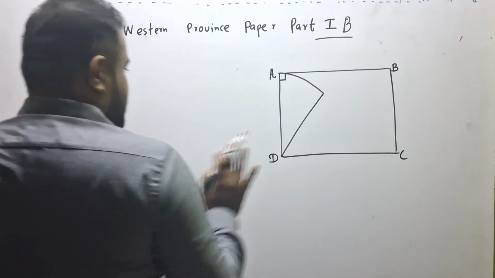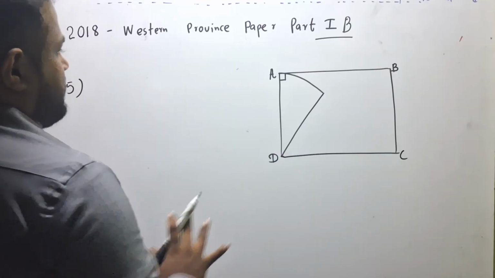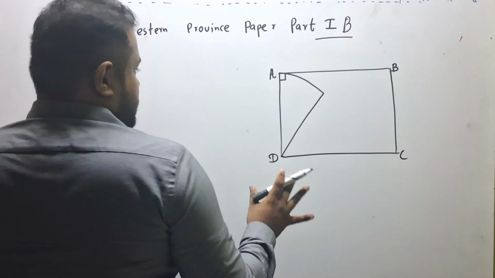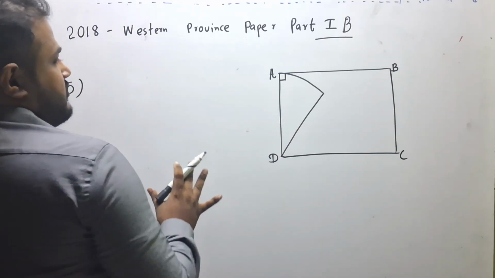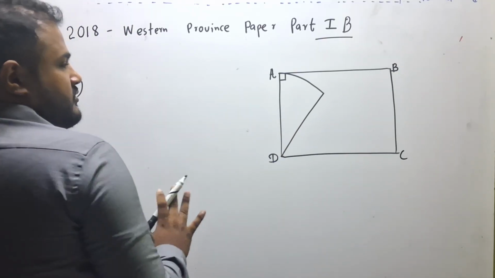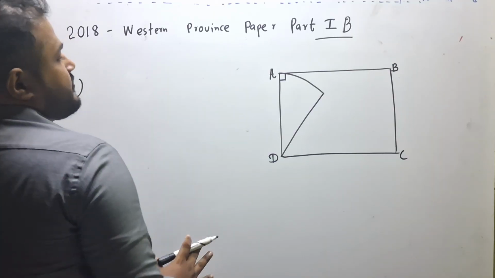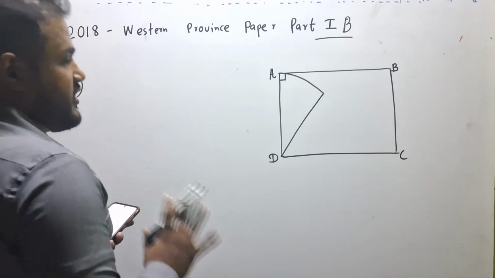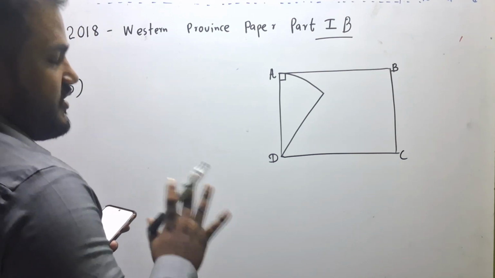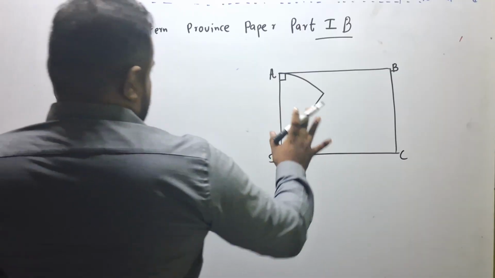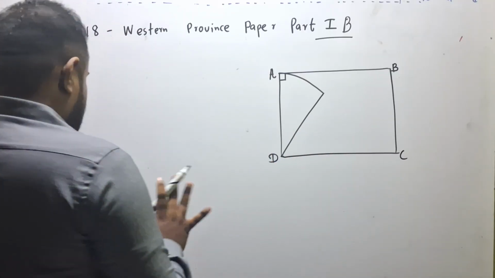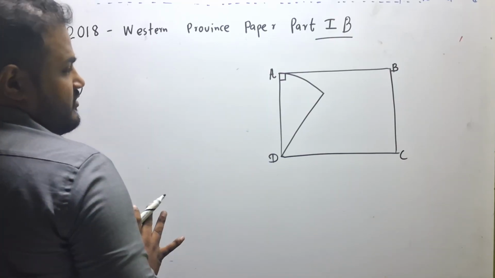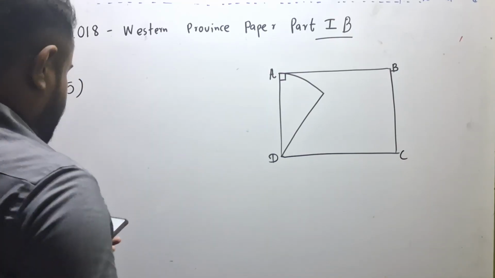You need not draw this, you need not explain this, you need not use 2 methods. You have to use only 1 method. So don't make it hard. Do the questions very easily. These questions are not really hard. They are very easy questions.